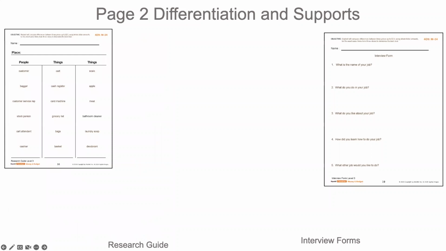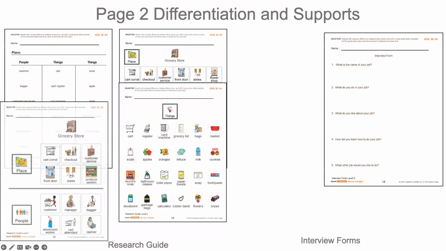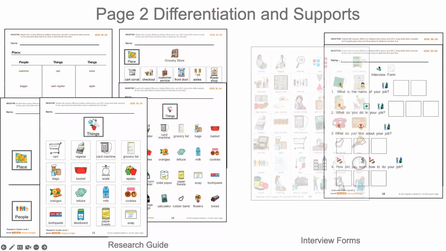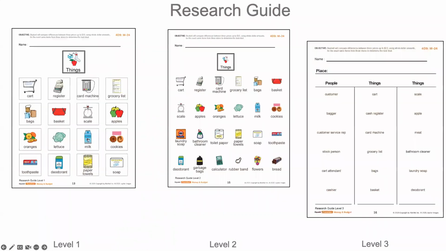The lesson supports available on page 2 are the research guide and the interview form. The research guide is leveled to support students. Choose the level that best supports each student's need. The research guide is meant to support students in researching a place, people and things in their community. Each lesson identifies the place that students are asked to research.